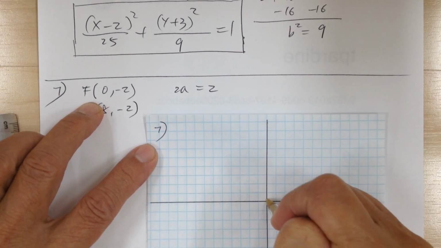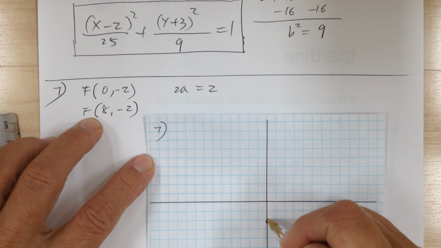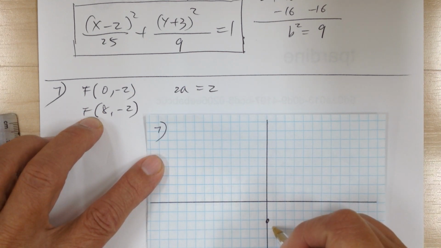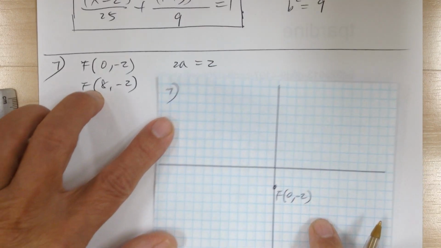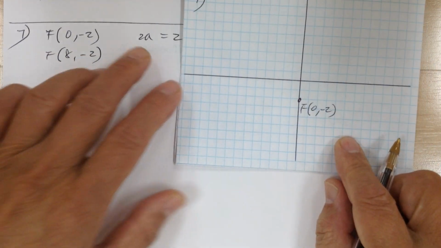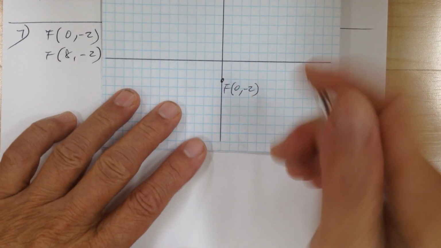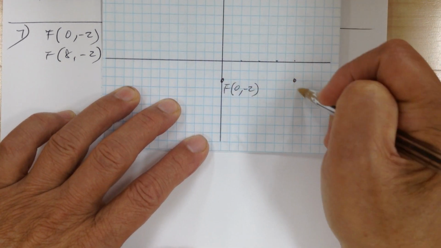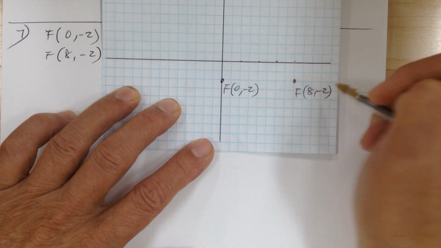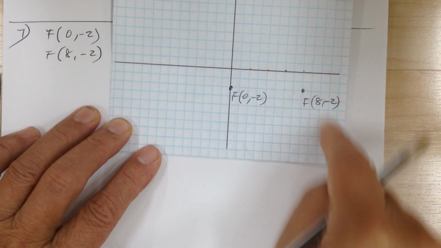So you've got 0, -2. And the next one, that is 8, -2. Okay, so we know that it's going to be in the x direction.